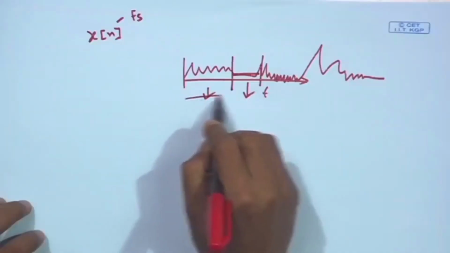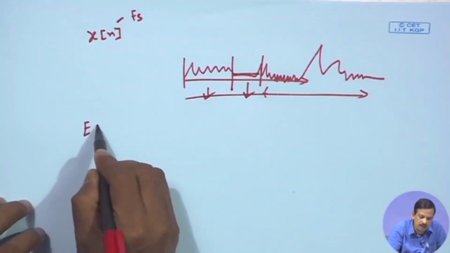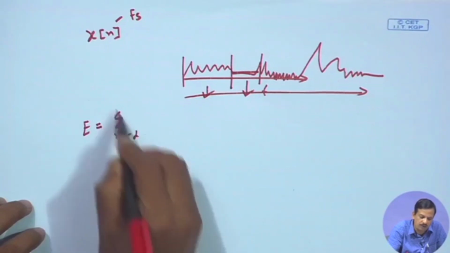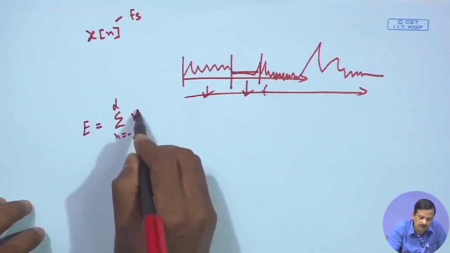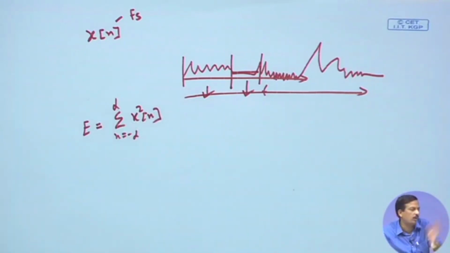Now, suppose I want to find out the energy of this whole signal. I can easily find out the energy E, which is nothing but the summation of n equal to minus infinity to infinity x square of n. Whatever the signal is, I can take the whole signal at a time, and x square n is the energy.